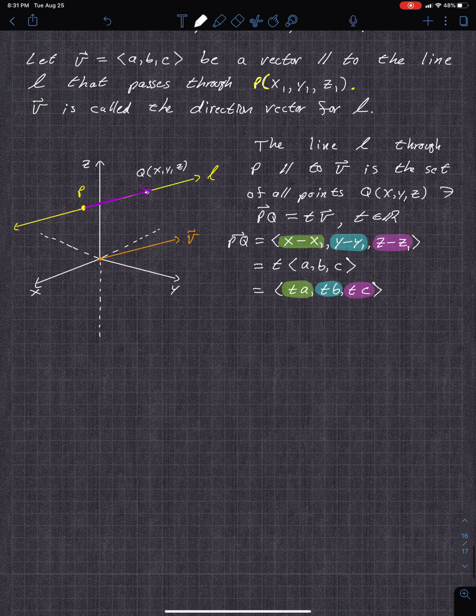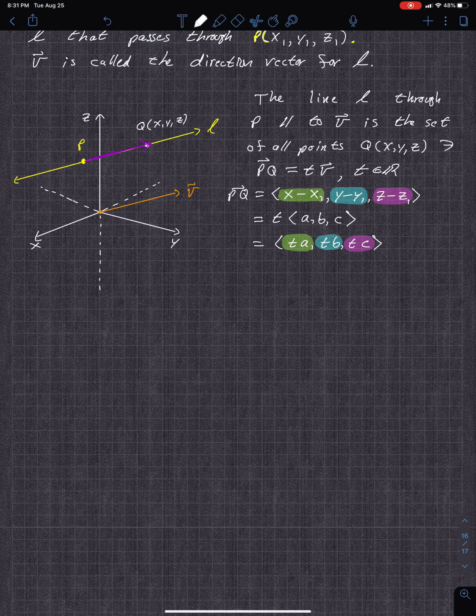Okay, so now equate components, and you have x minus x1 is equal to t times a. y minus y1 is equal to tb, and z minus z1 is equal to t times c.